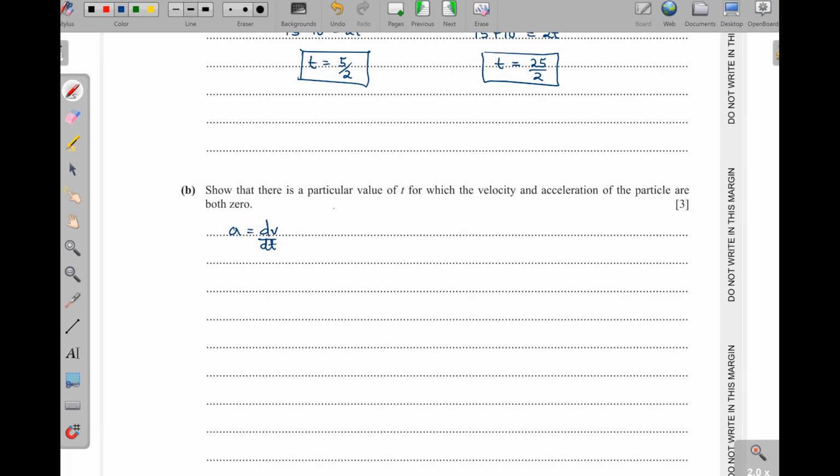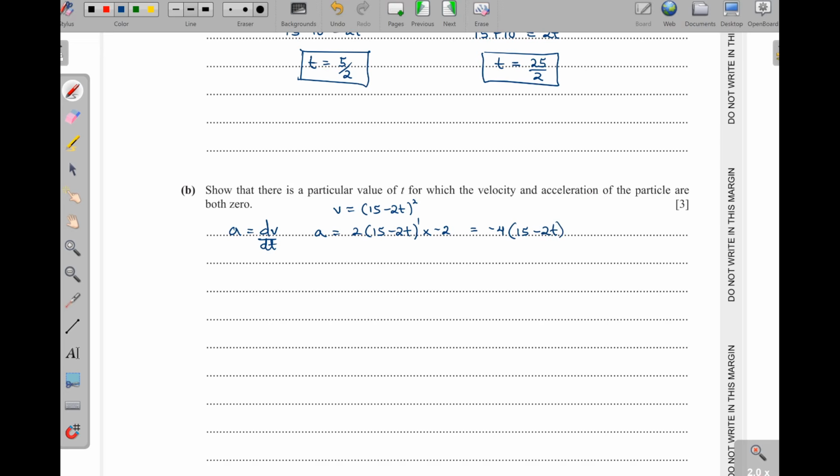Now, if v is equal to (15 minus 2t) squared, then acceleration is going to be, drop this power here, so 2 into 15 minus 2t, reduce the power by 1, so that will be 1. Then times, differentiate what is inside here, you get a negative 2. So meaning we shall get negative 4 into 15 minus 2t.